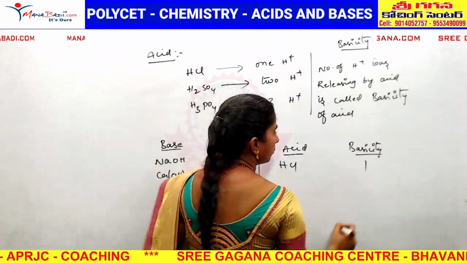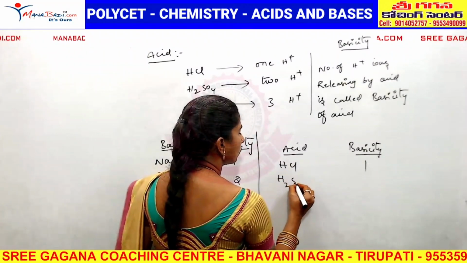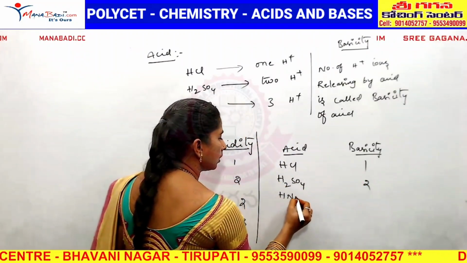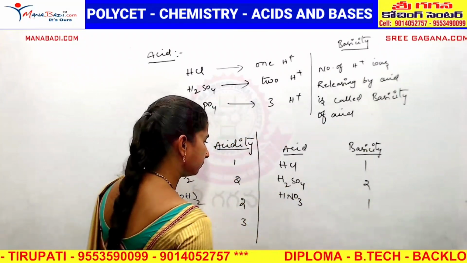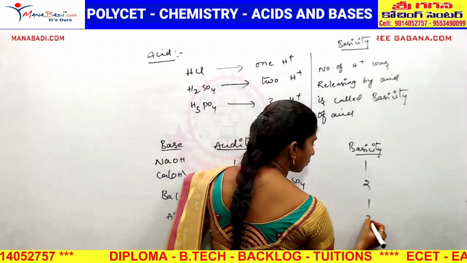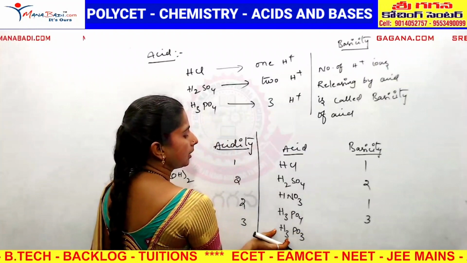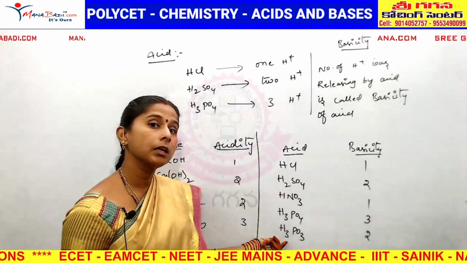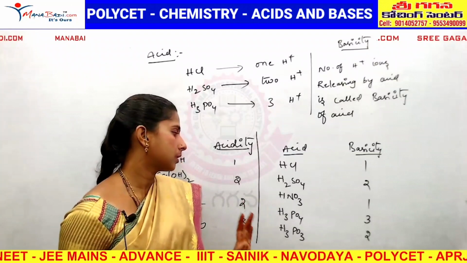HCl: basicity is 1 because of 1 H plus ion. H2SO4: 2 H plus ions, so basicity is 2. HNO3: 1 H plus ion, so basicity 1. H3PO4: 3 H plus ions, so basicity is 3. H3PO3 has basicity 2, because based on its structure it is unable to release one H plus ion; it can release only 2 H plus ions.